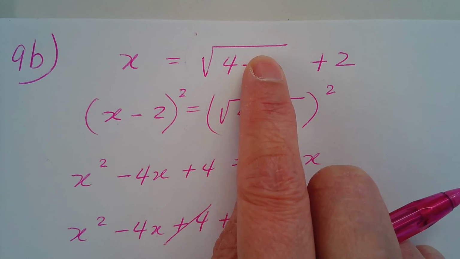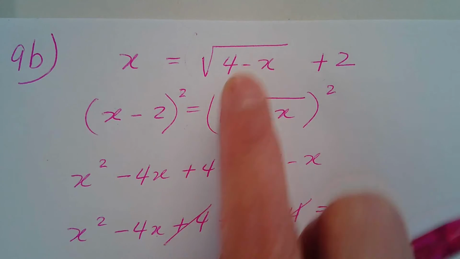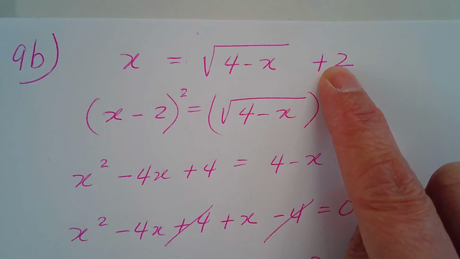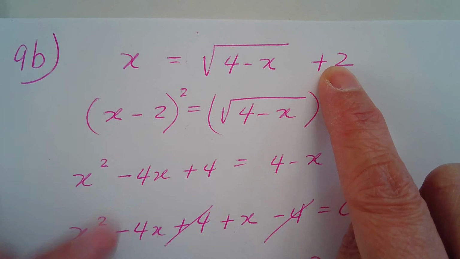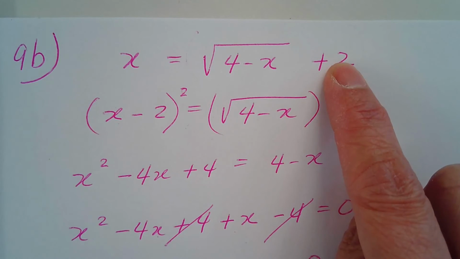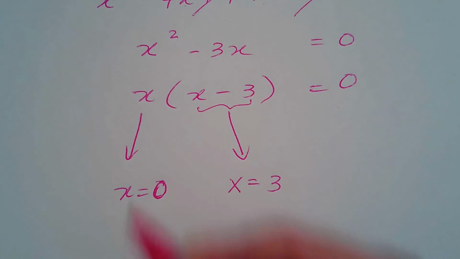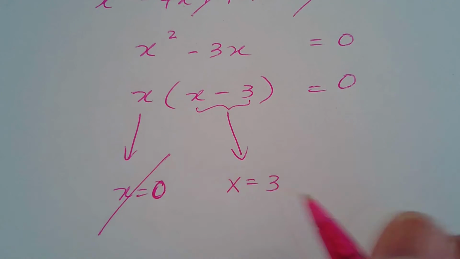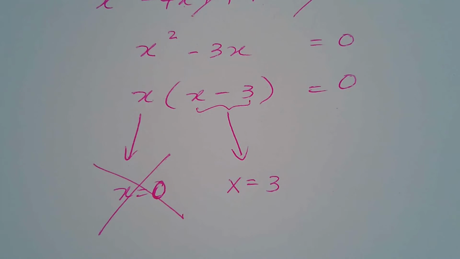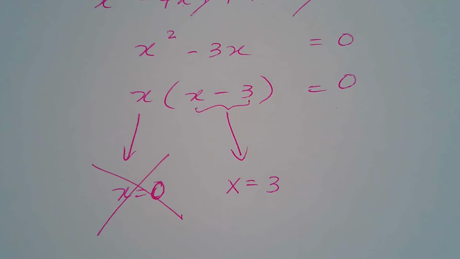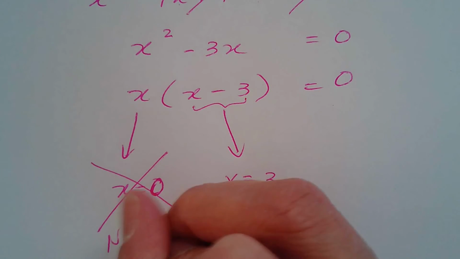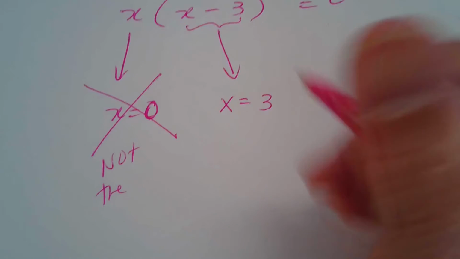Square root of 4 is 2. 2 plus 2, is that equal to 0? No, it's going to be 4. So yeah, that one is an extraneous solution, not a solution.